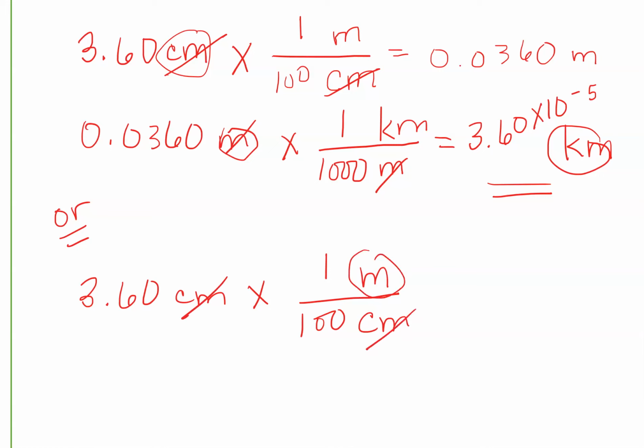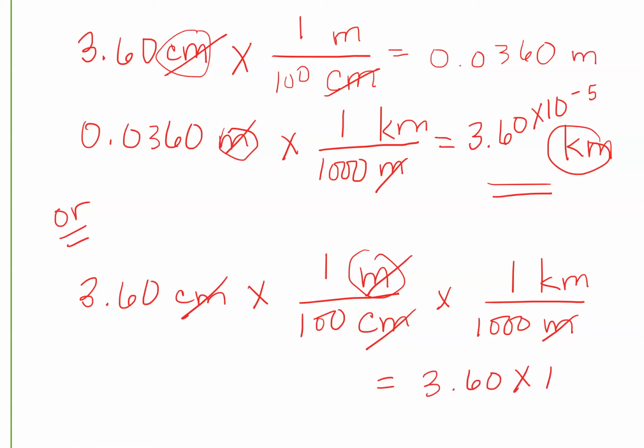Now that I have meters, I can multiply by another conversion factor. I want to get rid of meters and get kilometers. And 1,000 meters is 1 kilometer. Meters in the numerator cancels meters in the denominator. Woohoo! Left with kilometers.